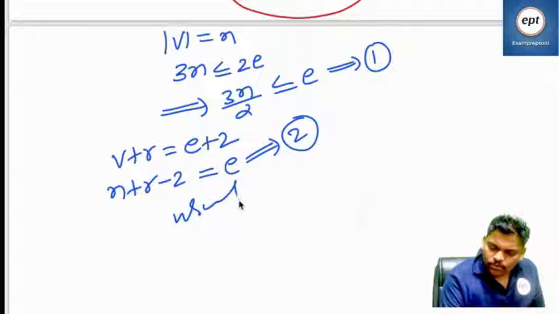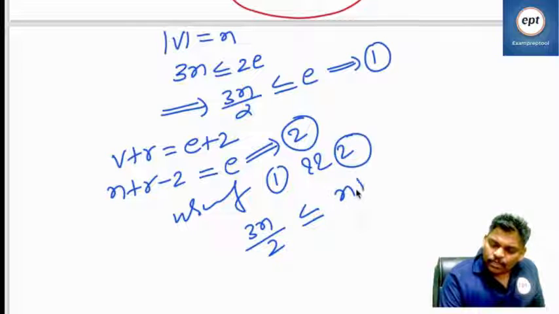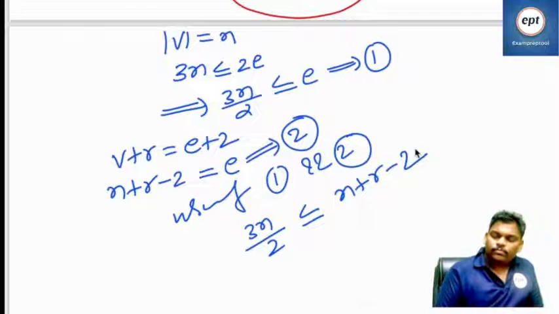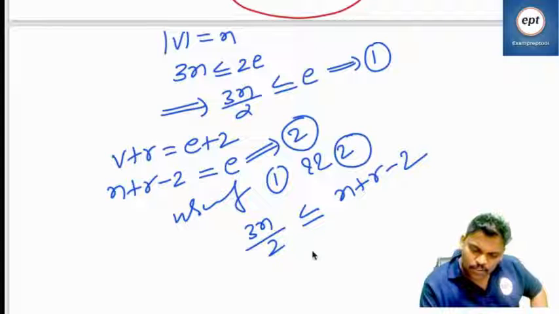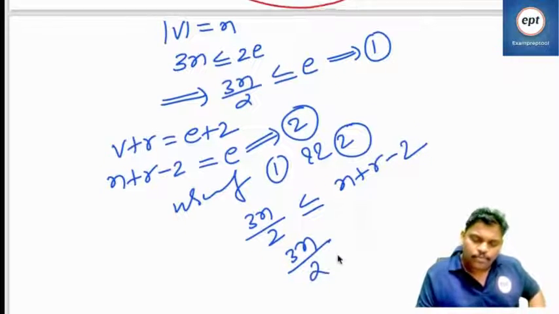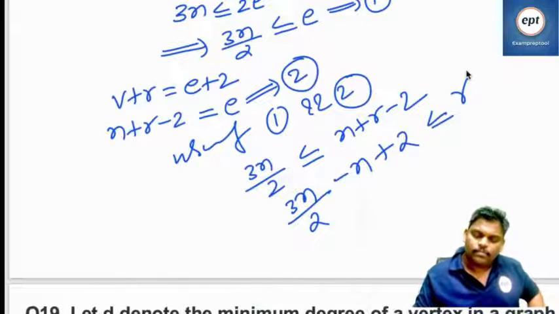Now see 1 and 2. Using 1 and 2: 3n by 2 is less than or equal to e, and the e value is n plus r minus 2. So 3n by 2 less than or equal to n plus r minus 2. You want faces, so 3n by 2 minus n plus 2 is less than or equal to r.